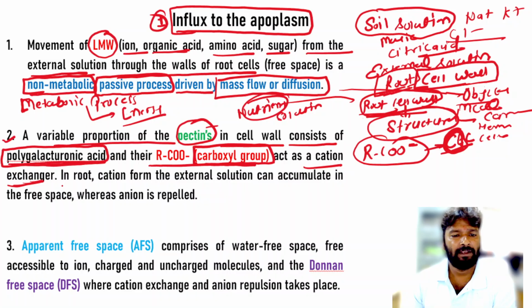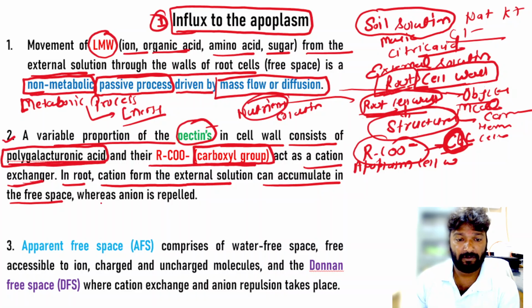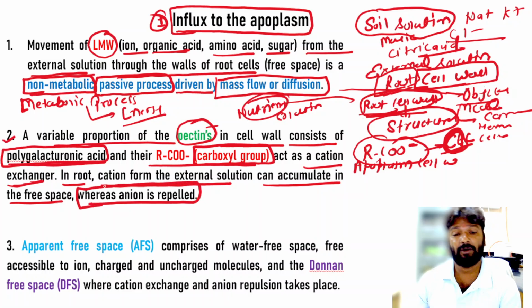So now in the root, cations from the external solution can accumulate in the free space or apoplasm in the cell wall, but anions are repelled.